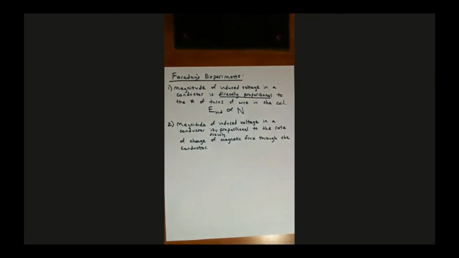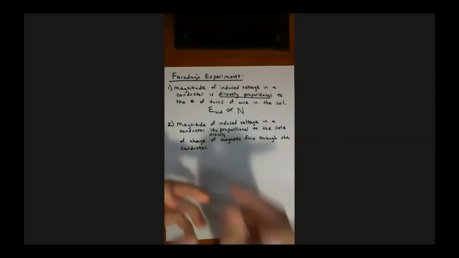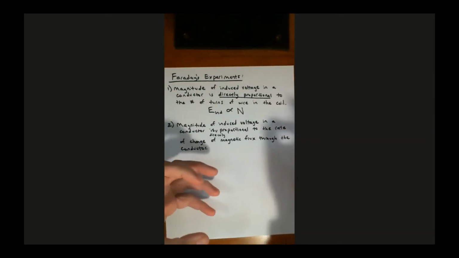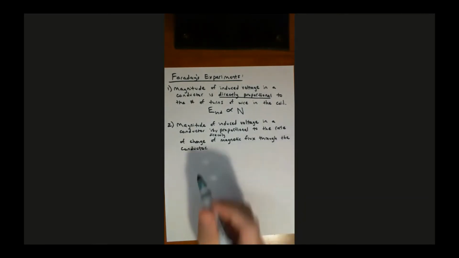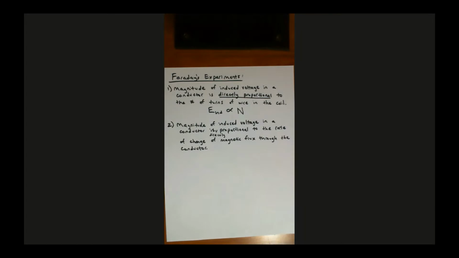Magnetic flux alone does not do anything for us. We do not induce a voltage in a coil of wire just by having a magnetic flux through that coil. But if I'm changing the magnetic flux, and that means I'm creating relative motion between the coil of wire and the magnetic field, then I have a rate of change of magnetic flux through the conductor.